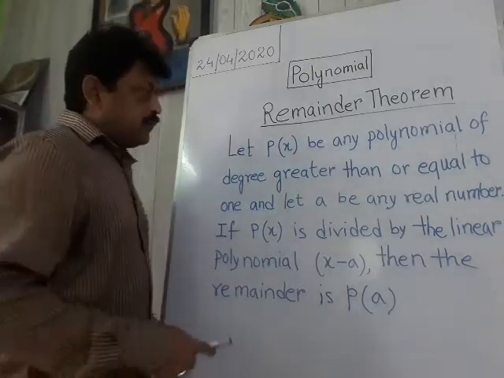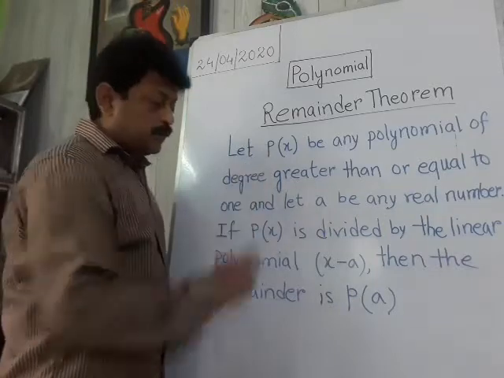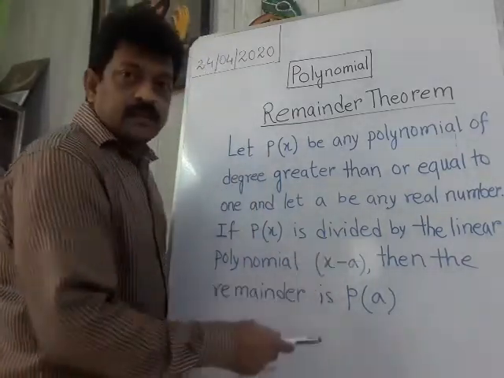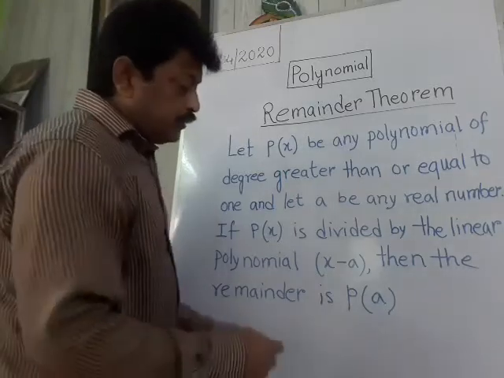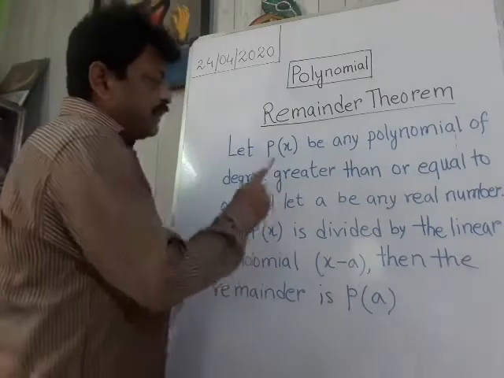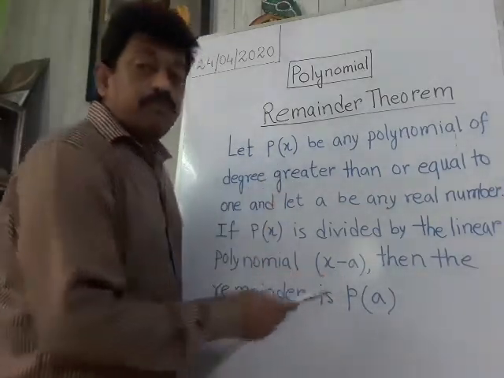Or we can say that if we replace the x of the polynomial by a, since it is divided by x minus a, then we have to take x equals to a. So if we replace x by a, then we will get the remainder as p(a).